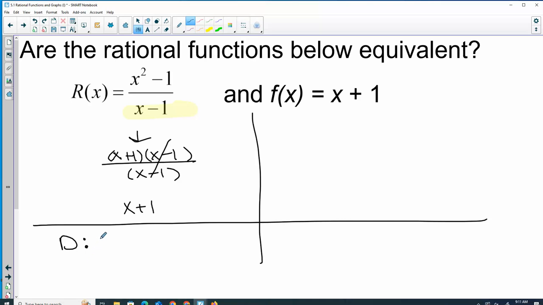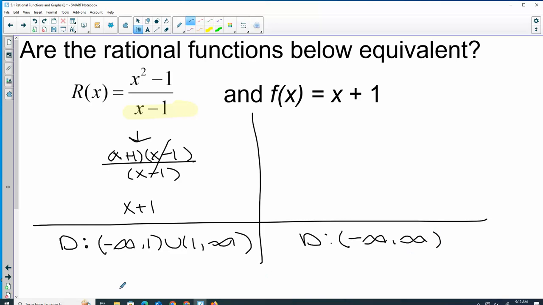Can't be 1, so it's negative infinity to 1, union 1 to infinity. This one, it's just a line. What's the domain of that one? Right. So these are almost the same, but their domains are not.